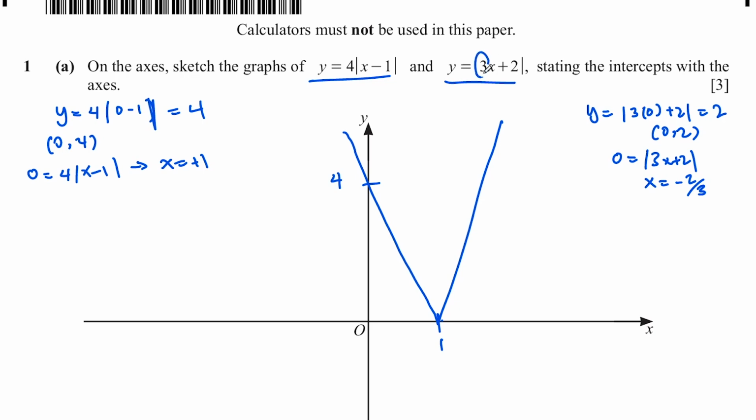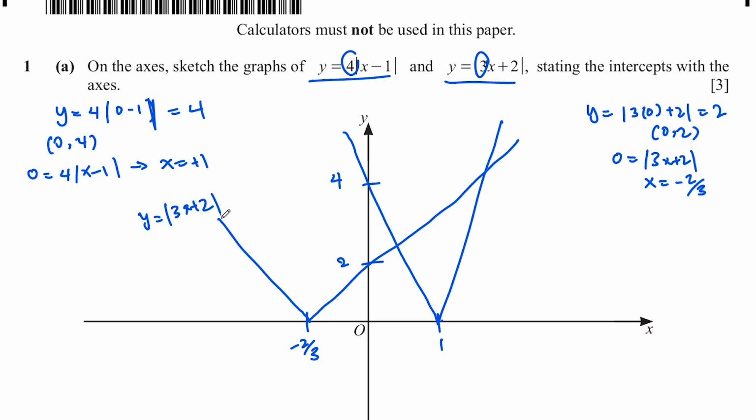And we can see that the gradient here is 3, which compared to the gradient of 4 is less steep. So let's try to sketch it to be looking like that. Right, so like that. And our y-intercept here, as we have found, will be 2, and here will be negative 2 over 3. Right, then one more step is to label the graph. Here we'll label y equals |3x plus 2|, here we label y equals |4x minus 1|.